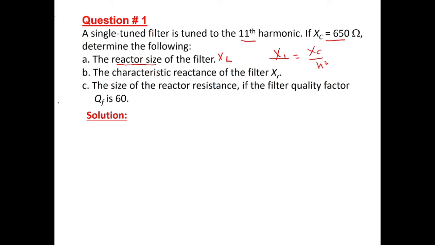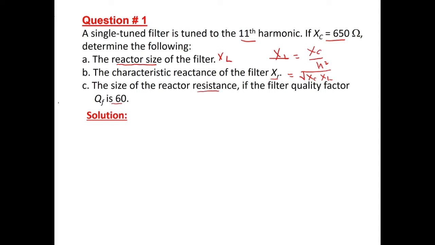Calculate the characteristic reactance of the filter, XR. We know that XR equals the square root of XC times XL, and that will give us the characteristic reactance of the filter. Part C: determine the size of the reactor resistance if the filter quality factor is 60, and of course this is a single tone filter.